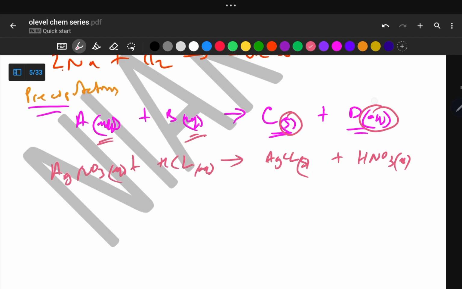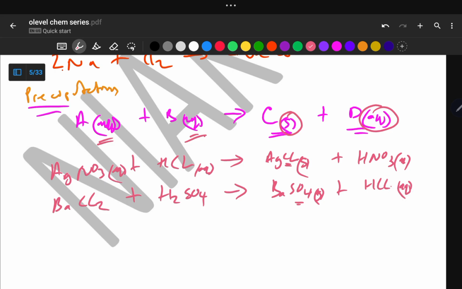And we can also have barium chloride plus sulfuric acid to have barium sulfate, which is a white precipitate, plus hydrochloric acid, which is in aqueous phase. So these are the tests for these anions, the chloride and the sulfate ion, right? So this is what you call the precipitation reaction.